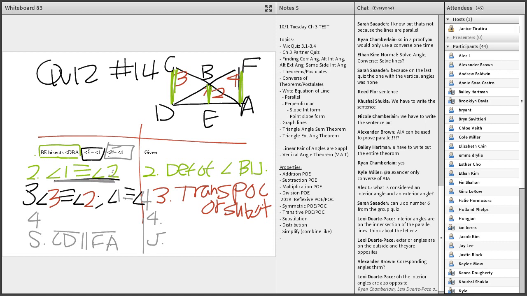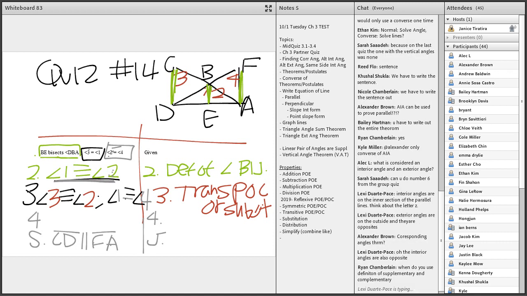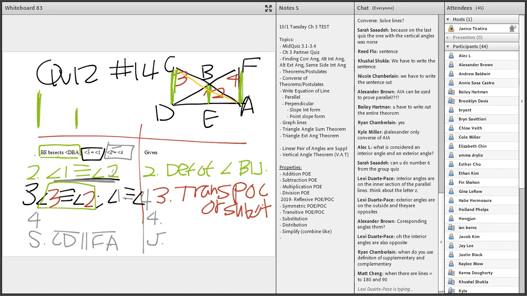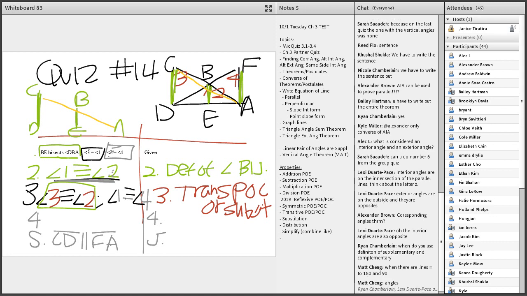So that means if I redraw 3 and 2 only, like now I'm going to try to use this, right? So if I redraw CD, the green line, and BE, the other green segment, and then I have a transversal that touches 3 and 2. The transversal is CA. So I'm going to try to draw that best of my ability. So I have C, D, B, E, and then this is A, right?